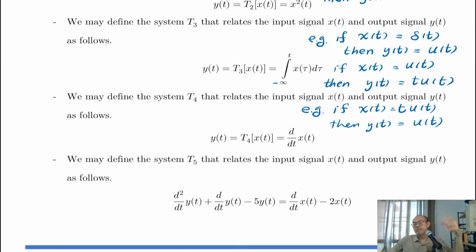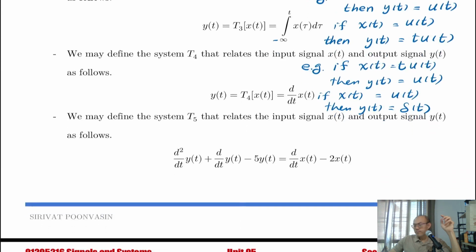Alright, it takes the derivative of the input. But if the input signal is u(t), then the output signal would be delta, because the derivative of u is delta.